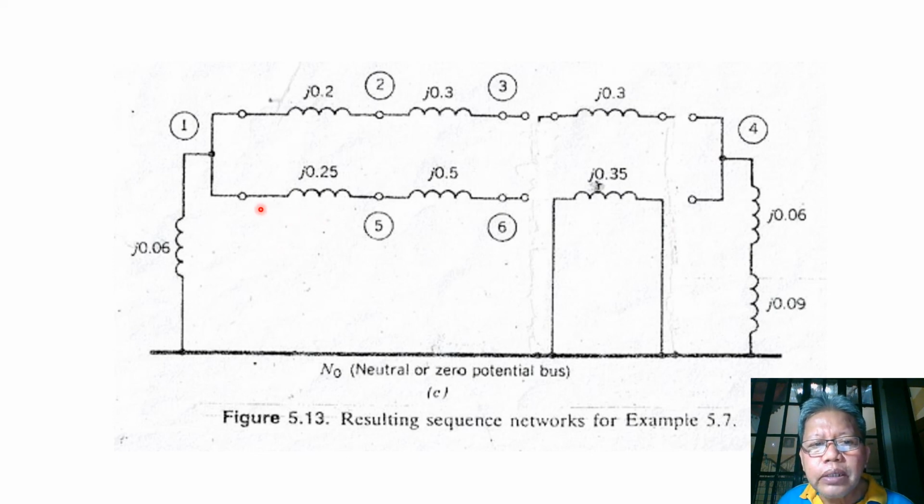Now for transformer 3, YY grounded on both sides, so again zero sequence current can flow here between the primary terminal and the secondary terminal. And then we also have transmission lines where zero sequence current can flow between bus 5 and bus 6. But for transformer 4, where we have a delta-delta connection, we have this equivalent circuit, no?